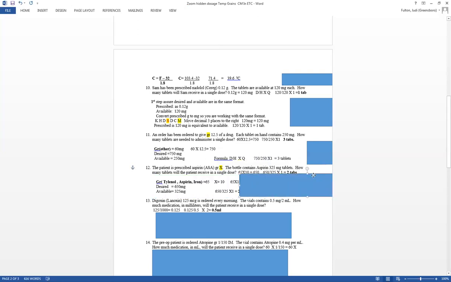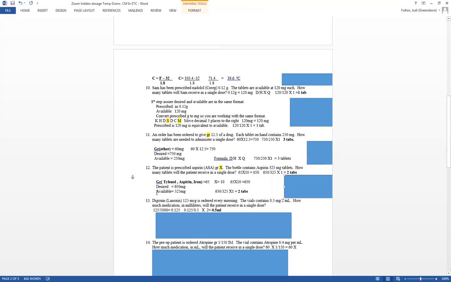I know I've worked it out over there, but we're going to come down here and do it step by step. So my grains, my Tylenol, aspirin, iron, is going to be 65 milligrams per grain. I have how many grains? 10 grains. So 65 times 10 equals 650 milligrams. 650 milligrams is my desired.